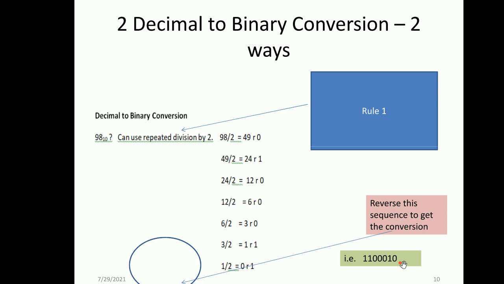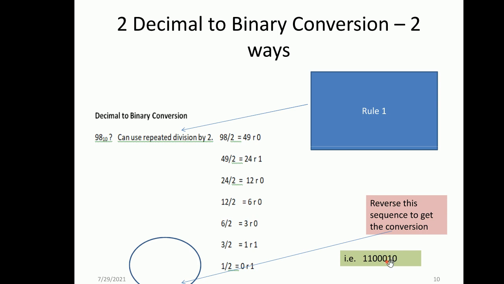I think that's 64 plus 32. So that's 90. What did I say? 64 plus 32, that's 96. And add 2. This 1 stands for 2 raised to the power of 1, which is 2.